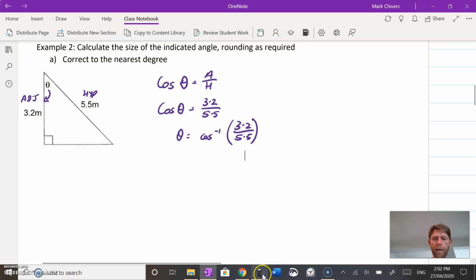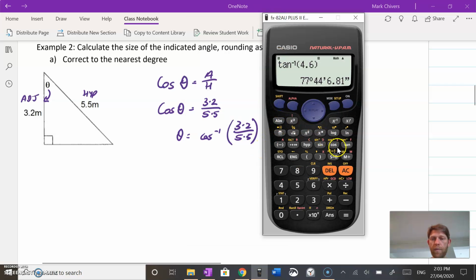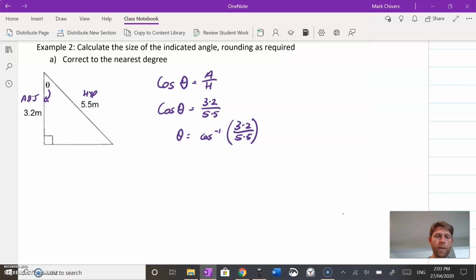So I'll run that through my calculator. Shift cos, 3.2 over 5.5, and we close our brackets, and that gets our answer. Now it's asked to the nearest degree, so 54.4 degrees is going to stay where it is. It's not going to round up, so it'll just be 54 degrees.